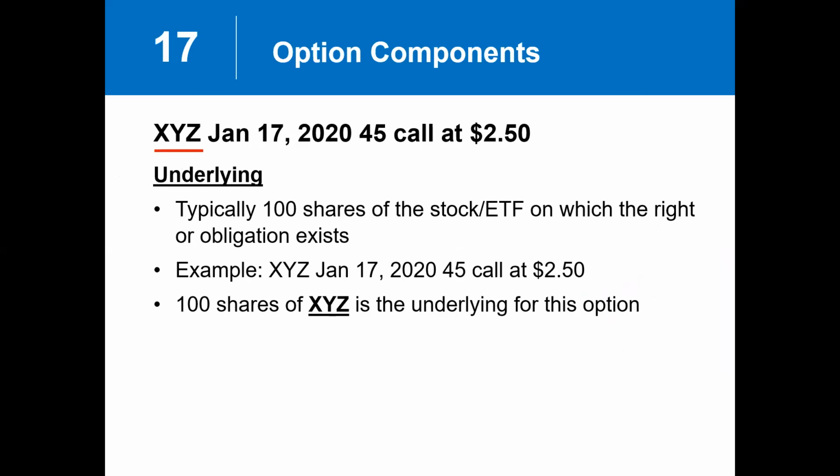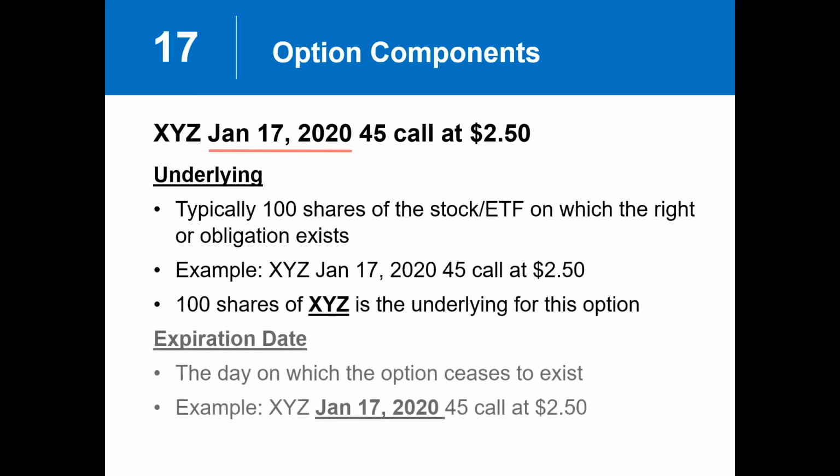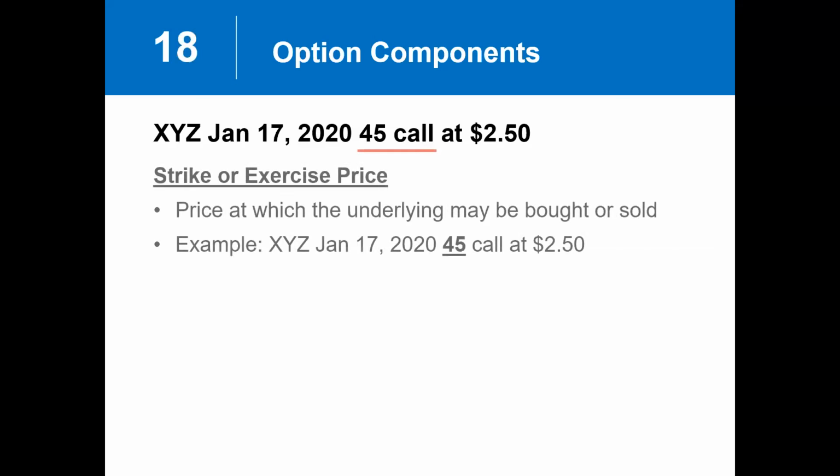So the underlying is going to be XYZ, typically 100 shares. The expiration date, as we mentioned, is January 17th of 2020. So we've got the underlying at XYZ, the expiration date, Jan 17 of 2020. The strike or exercise price is the 45 call.